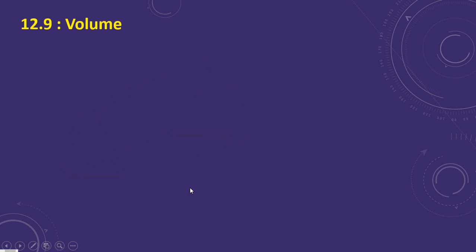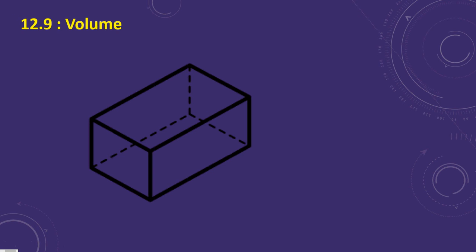Now, let's do some exercises about volume. For example, I have this rectangular prism, and I'm going to give you the measures. I have 3 centimeters, 2 centimeters, and 5 centimeters. The formula is the same one as volume. Length times width times height.